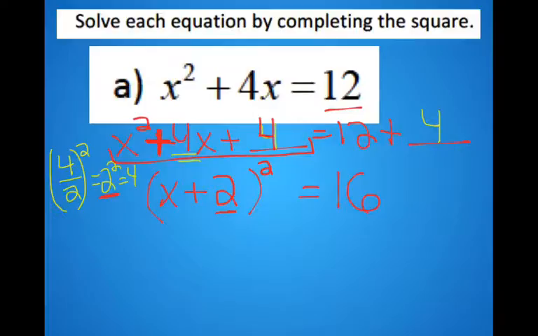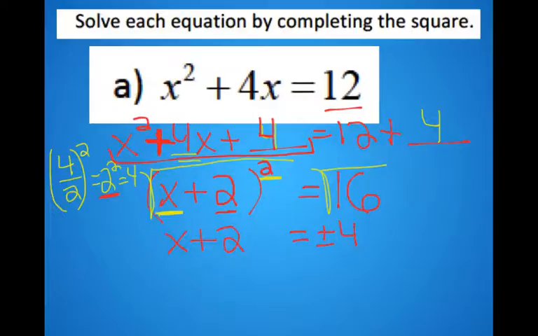And now we're trying to get the x by itself, so we need to get rid of everything else. So we need to get rid of this, and so you can take the square root, which is the inverse operation of squaring something. So on the left, that's x plus 2. And then on the right, that is plus and minus 4.